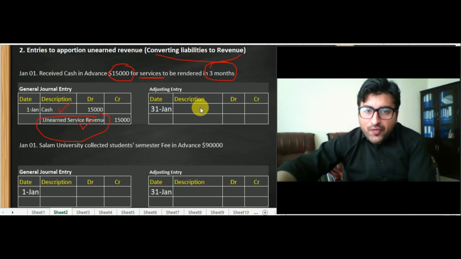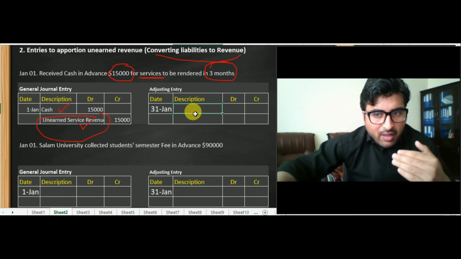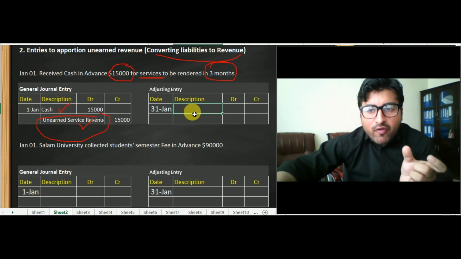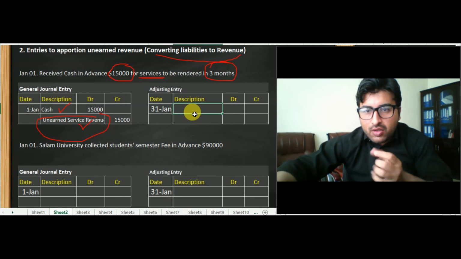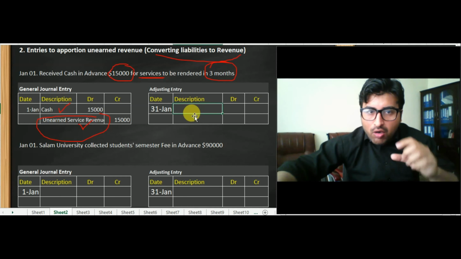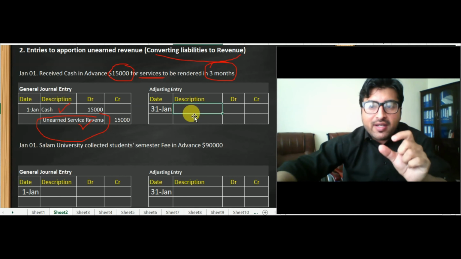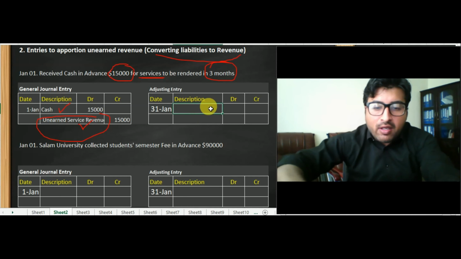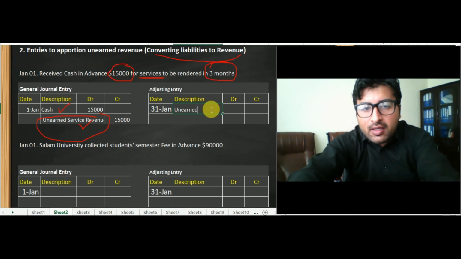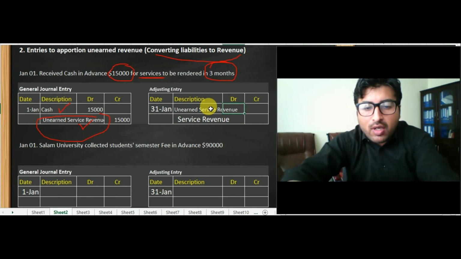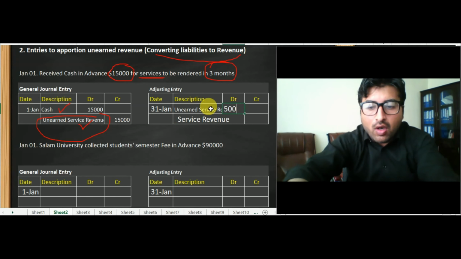Now after 1 month, you should think that you have provided the services. So you received $15,000. Out of $15,000, you have provided the services of 1 month. Then we say unearned service revenue account debited, and what is credited? Service revenue account credited. So how much? $5,000.